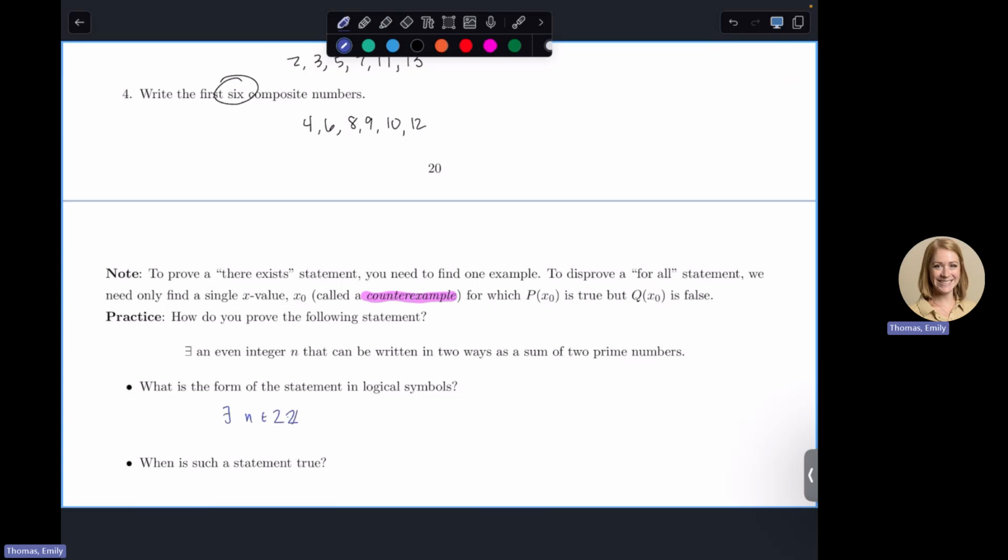Remember, we're going with 2Z as the evens. So there is an n in 2Z that can be written in two ways as the sum of two prime numbers. So there exists an n in 2Z where a plus b is equal to n and c plus d is equal to n, where a, b, c, and d are prime.